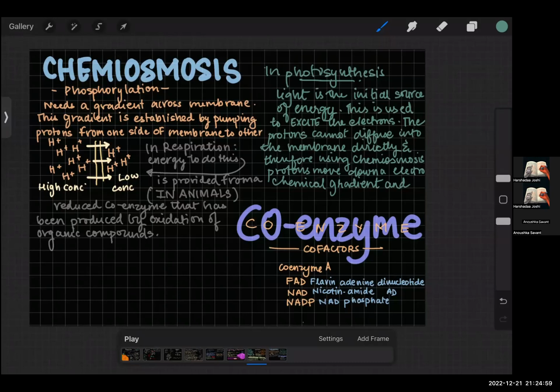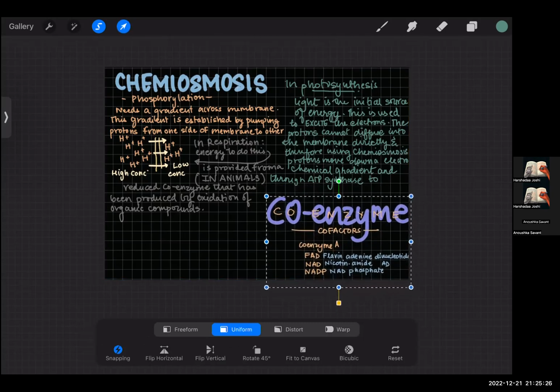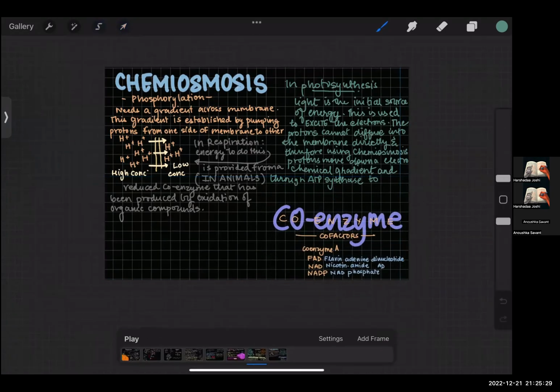and through ATP synthase to catalyze formation of ATP.